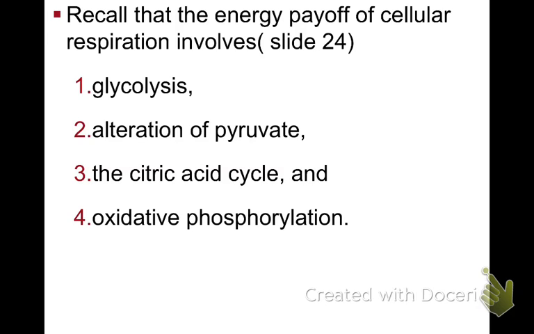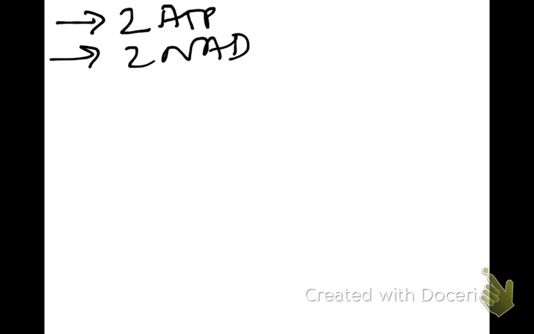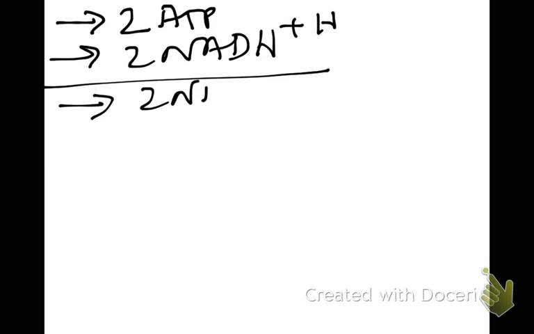So, what is the total amount of energy that you end up getting in the whole process? If we put together everything that we have in glycolysis, I had 2 ATP, 2 NADH. In the intermediate stage, I had 2 NADH plus H plus.